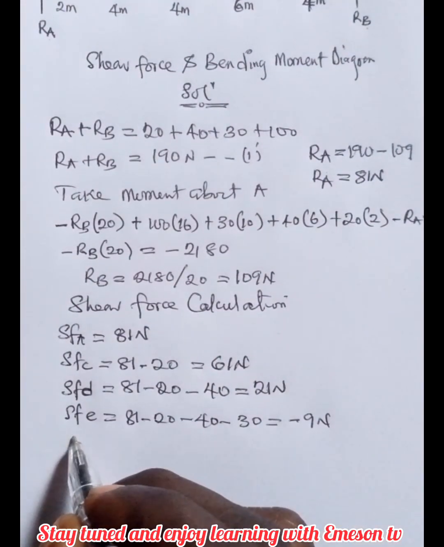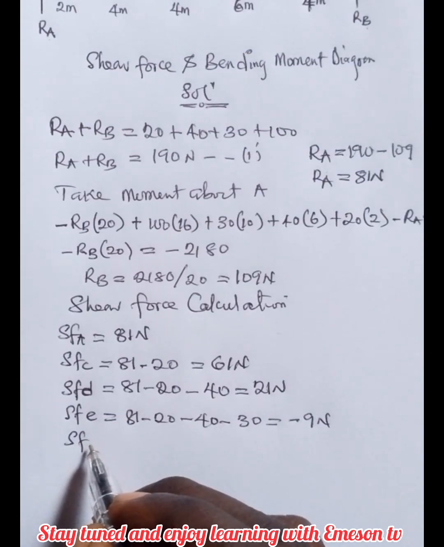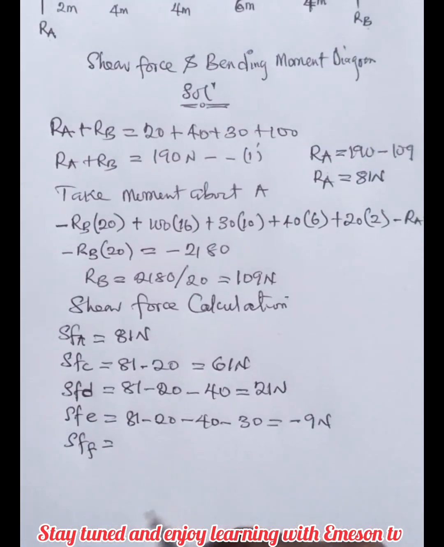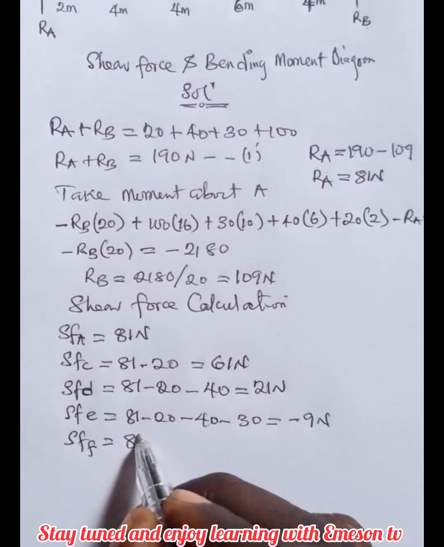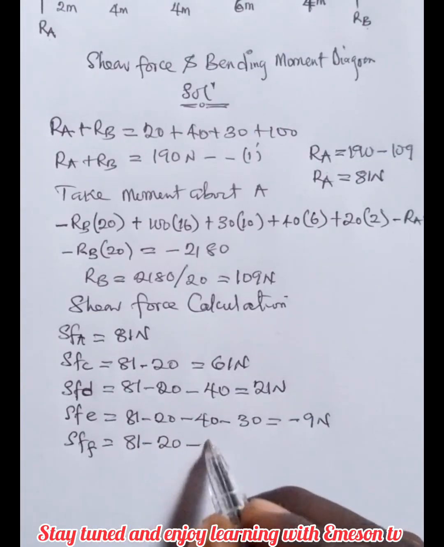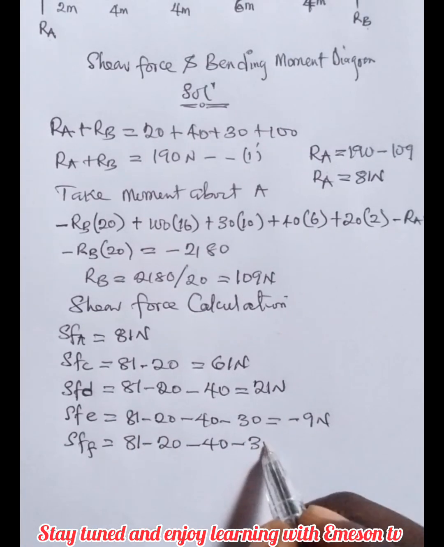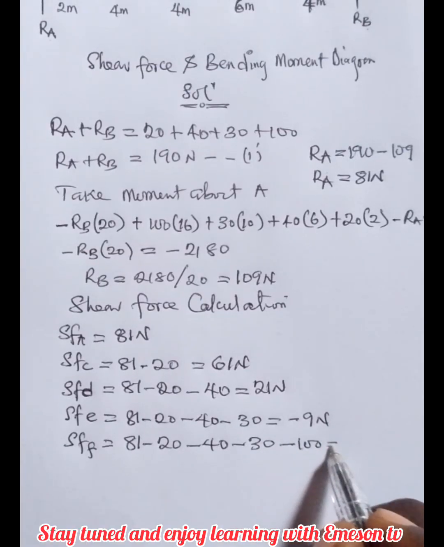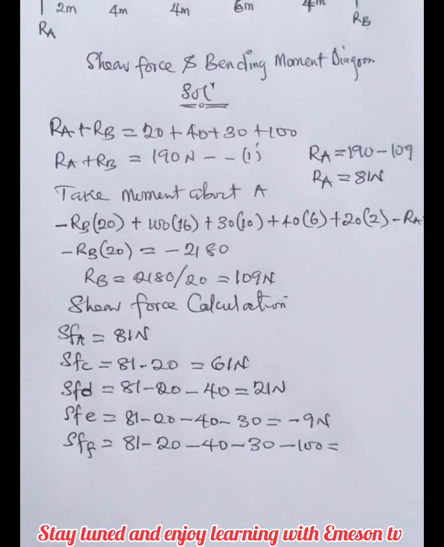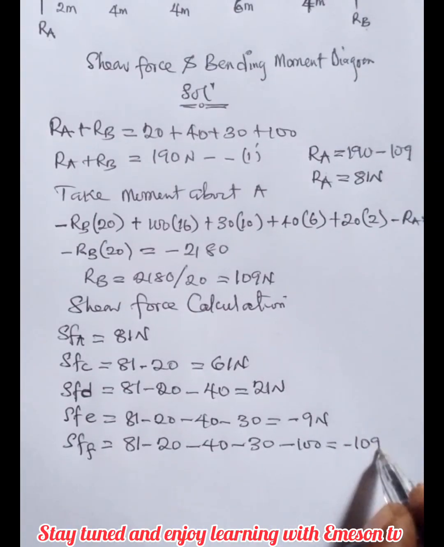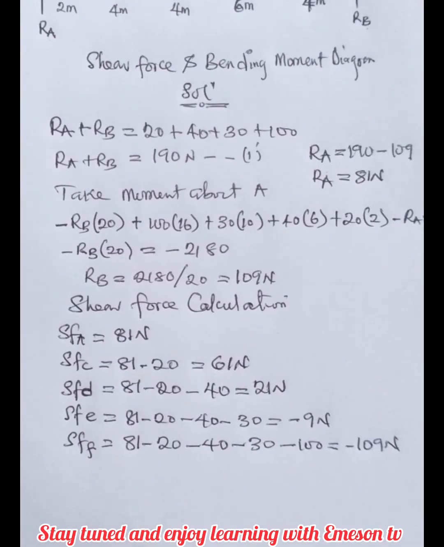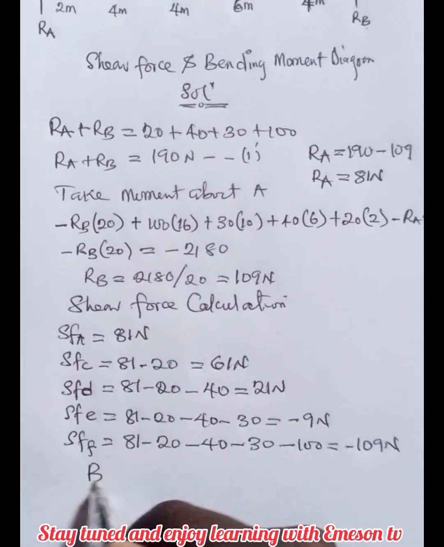The shear force at point F, let's say 81, minus 20, 40, 30, and 100. So this will give us minus 109 Newton. Now I've known all the shear force at different points. Let's go into the bending moment calculation.